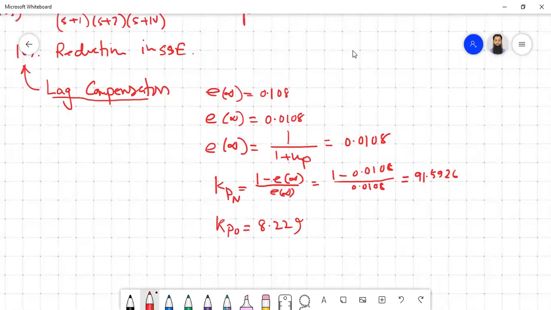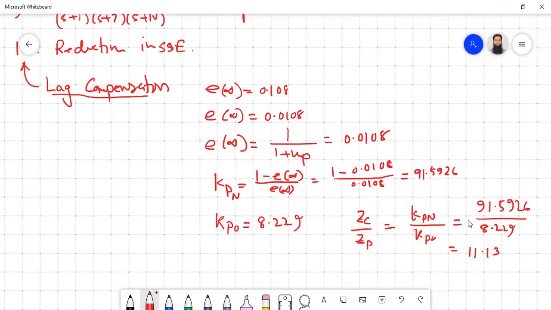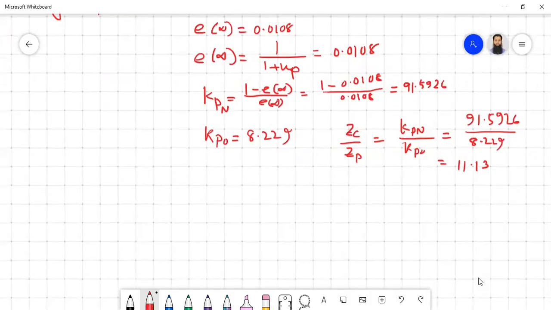So ZC by PC equals Kp new divided by Kp old, which is 91.5926 divided by 8.229, approximately 11.13. So you can see that the value of ZC has to be 11.13 times your PC.